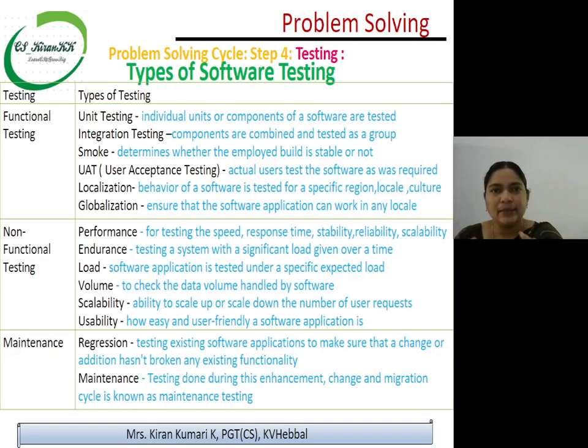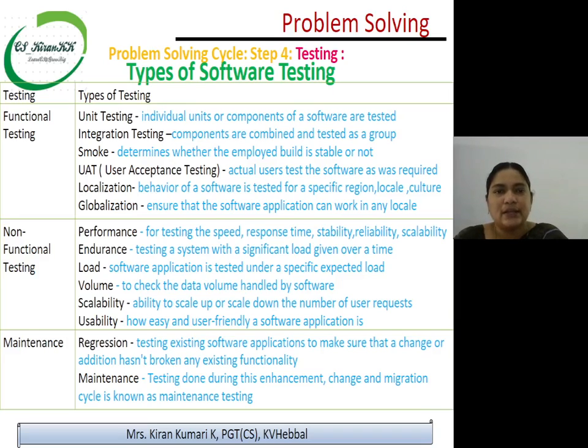Then we combine them together and test again as a whole. That is integration testing. Generally we have done this in our practicals, the menu driven program. Individually we have written the functions, and then when you are executing as a whole, after addition, if you go for display, whether it is working fine or not. After addition of some record, if you go for a search operation, whether it is working fine or not. That is known as integration testing.